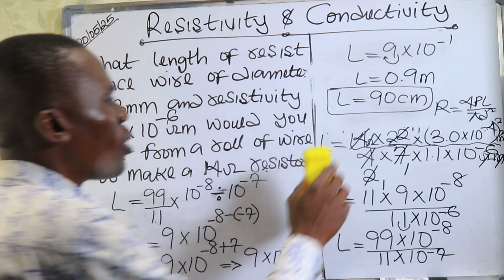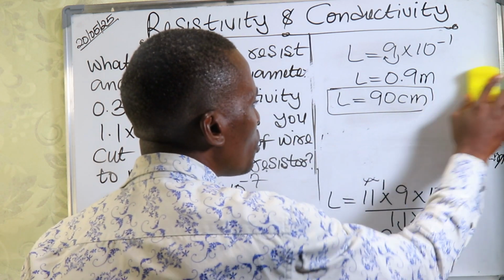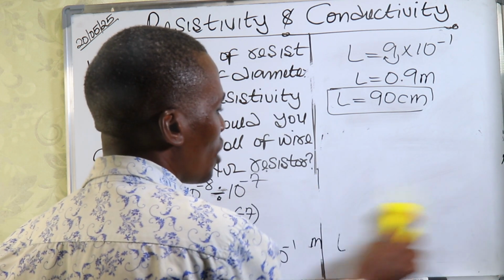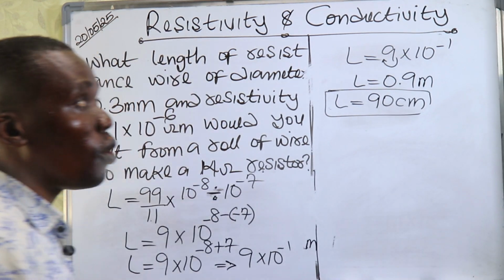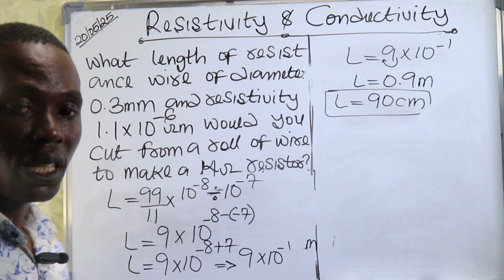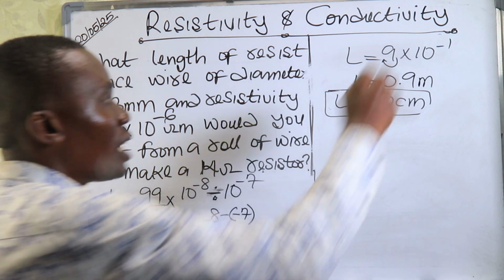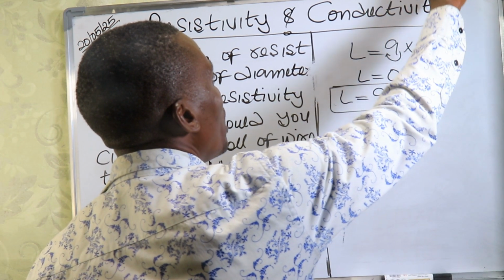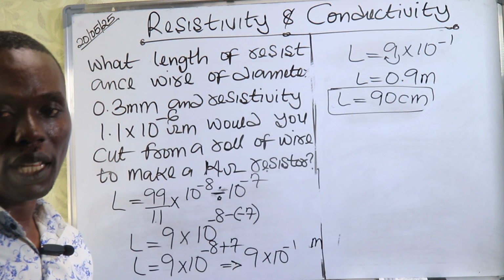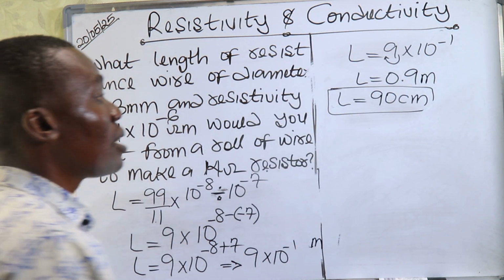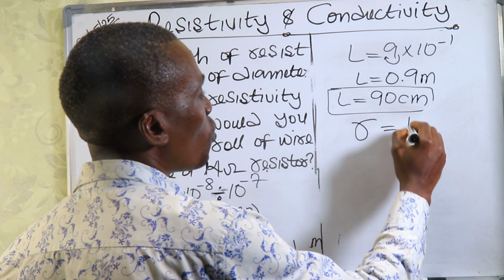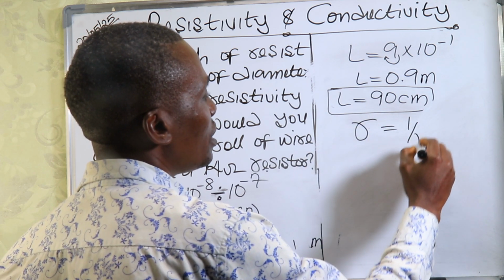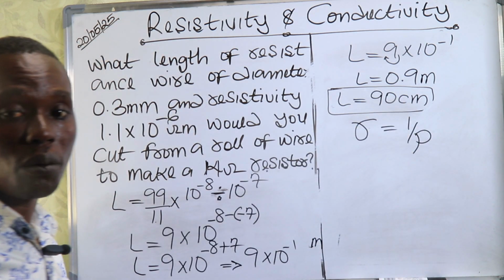Now conductivity is very easy compared to resistivity. Conductivity is just the opposite of resistivity, because conductivity is just the ability of any cable to conduct electricity. So the conductivity, which we represent by this symbol, is equal to 1 divided by the resistivity of any cable.